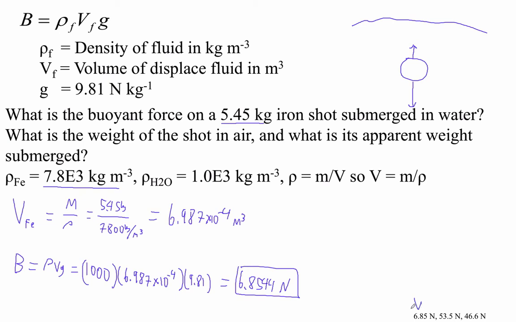What is the buoyant force? There it is, right? Okay, what is the weight of the shot in the air? What's its apparent weight submerged? Okay, so the weight of a 5.45 kilograms, I'm just going to do mg, right? So 5.45 times 9.81.